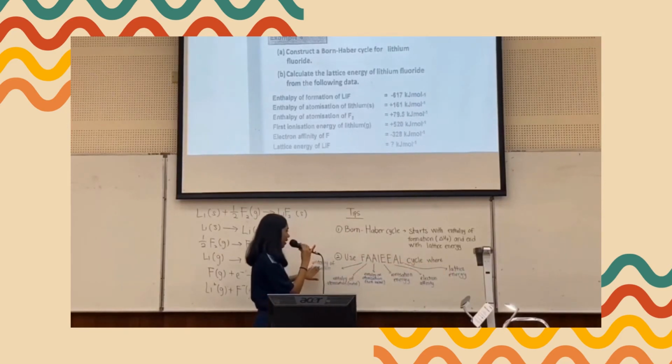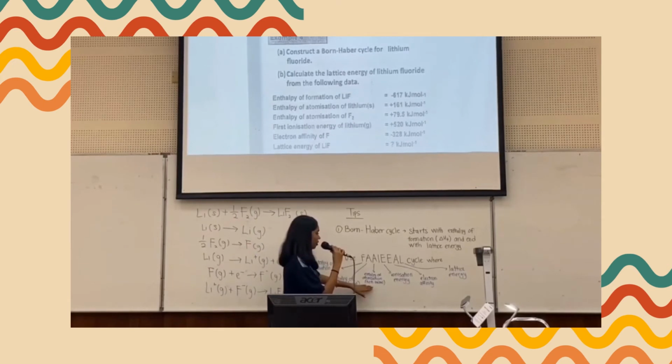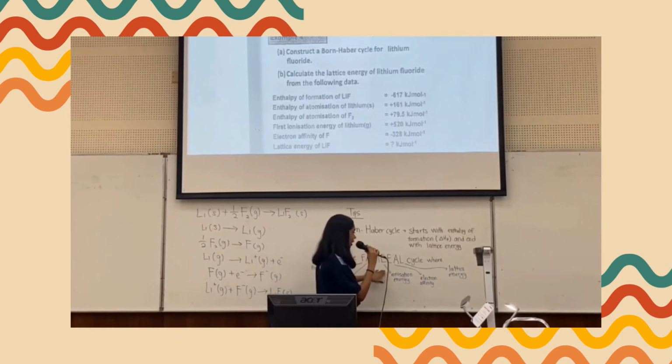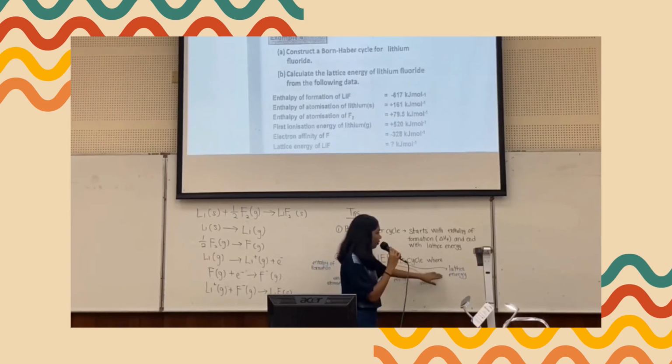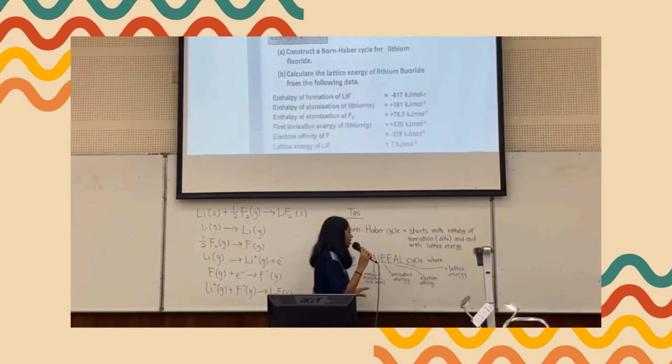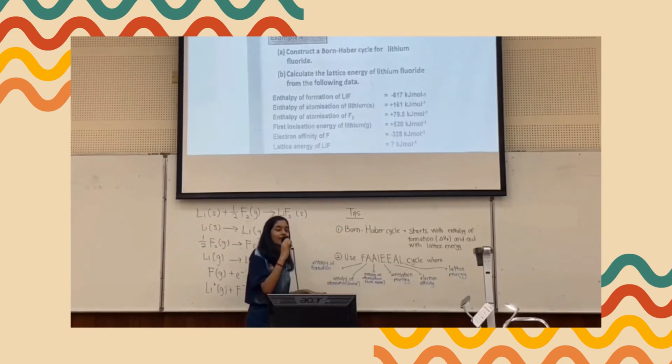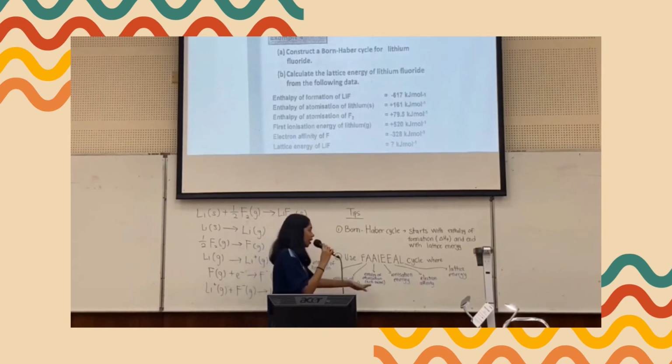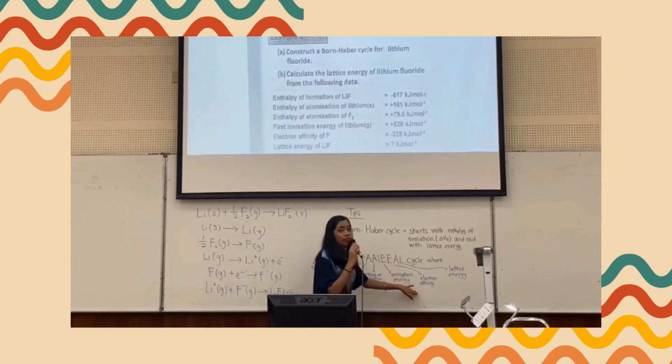F refers to enthalpy of formation, A refers to enthalpy of atomization of metal, another A refers to enthalpy of atomization of non-metal, IE refers to ionization energy, EA refers to electron affinity, and L refers to lattice energy. For your information, the cycle can be different for different questions, where they will try to give you 2 ionization energies or 2 electron affinities.